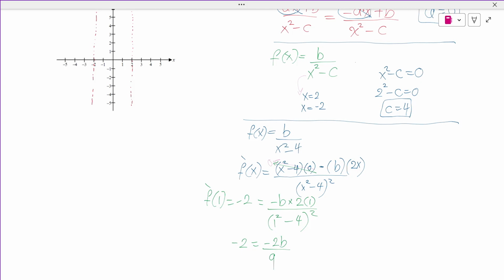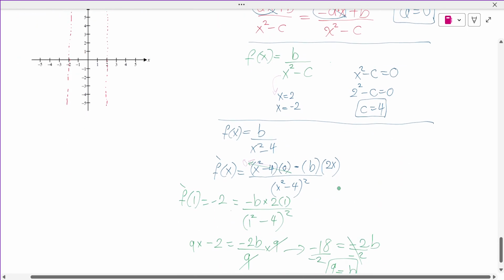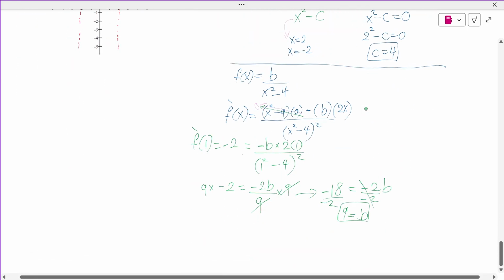Right? So the value of b, if you solve it, if you multiply here by 9 and you multiply here by 9, this 9 and this 9 cancel. 9 times negative 2, negative 18 equals minus 2b, divide by minus 2, divide by minus 2, so b equals 9. The value of b is equal to 9. This is the first part, A, B, and C. A is equal to 0, B is equal to 9, and C is equal to 4.